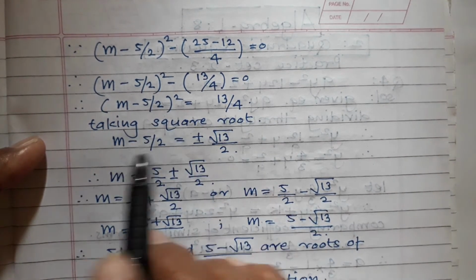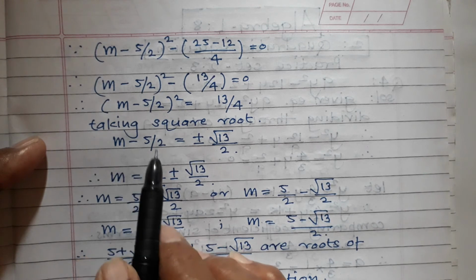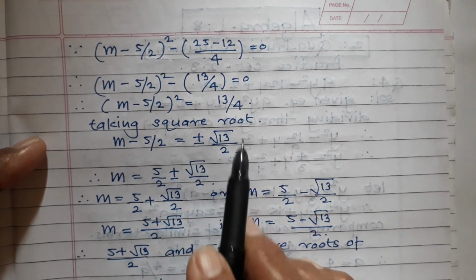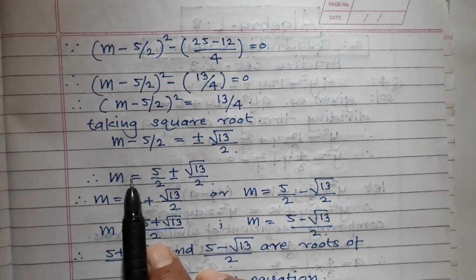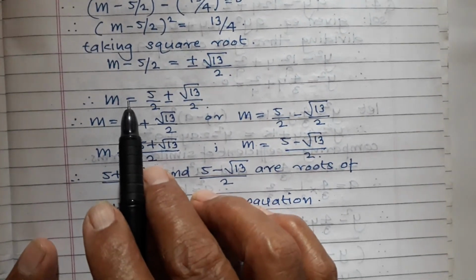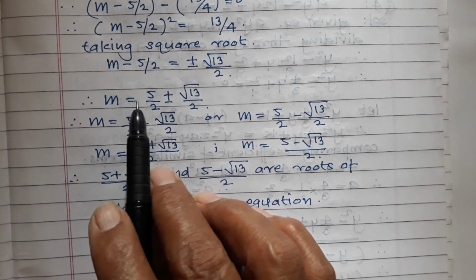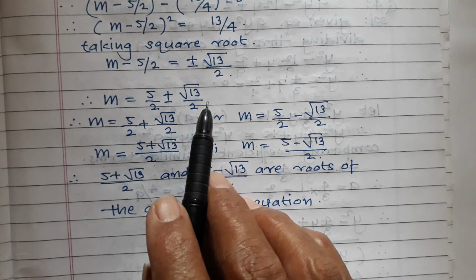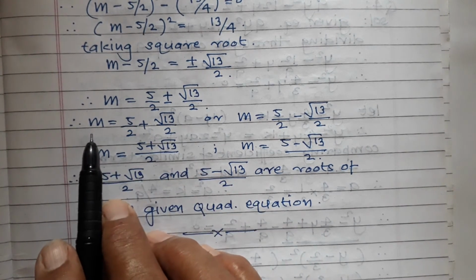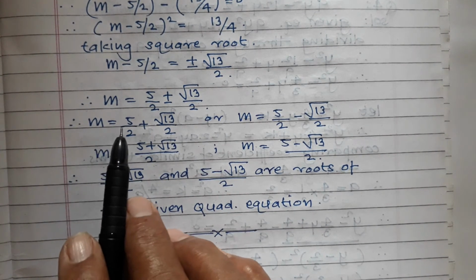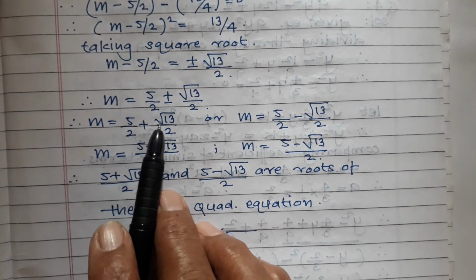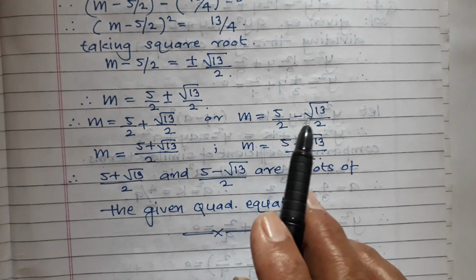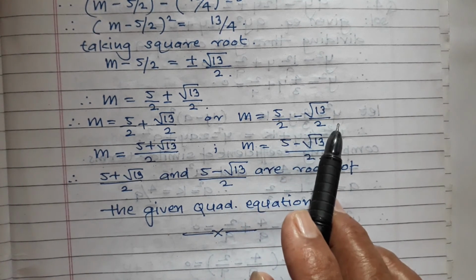Taking square root, m minus 5 upon 2 is equal to plus minus root 13 upon 2, and therefore m is equal to 5 upon 2 plus minus root 13 upon 2, and therefore m is equal to 5 upon 2 plus root 13 upon 2, or m is equal to 5 upon 2 minus root 13 upon 2.